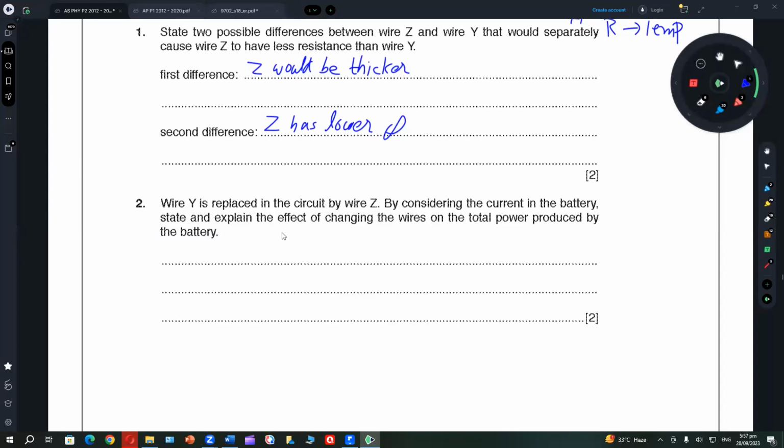You will tell the examiner that Z has lower resistance, so it will draw greater current. Then power is equal to I squared R, so power increases.